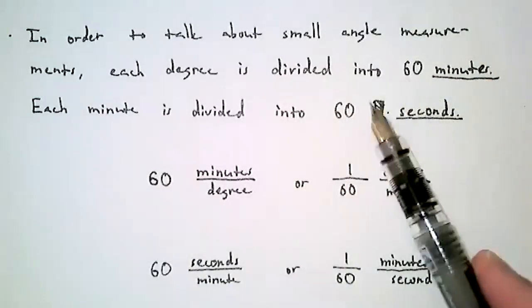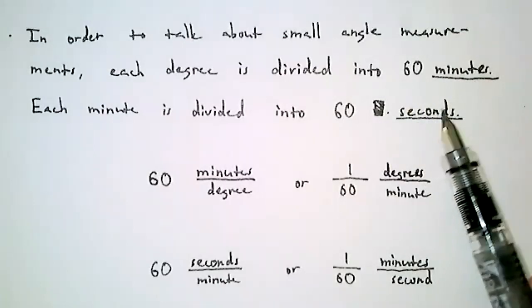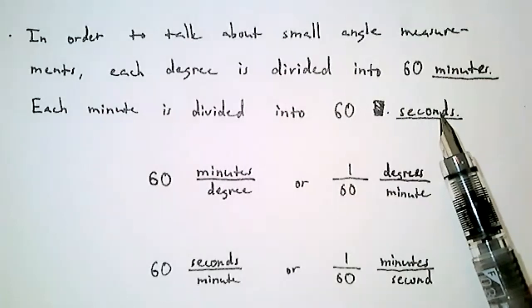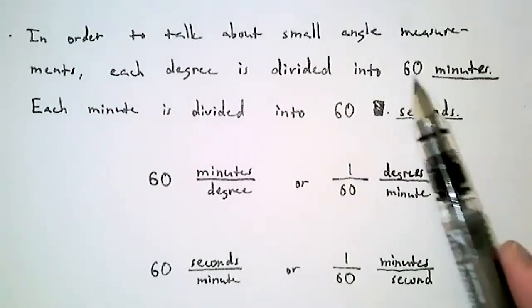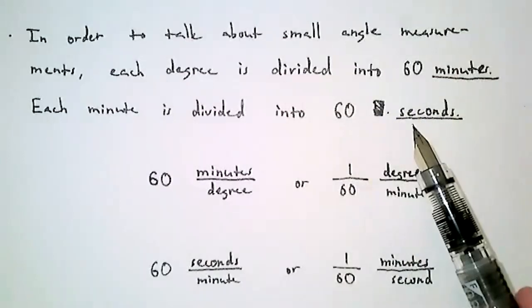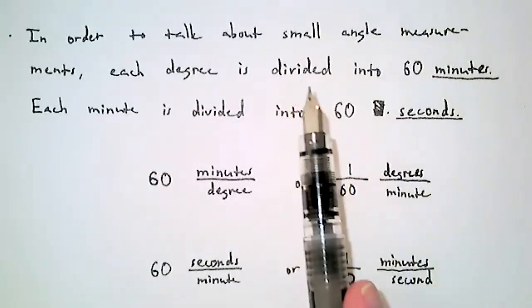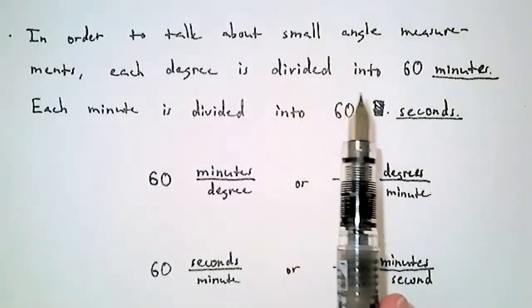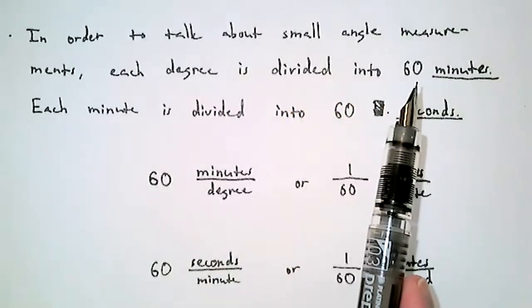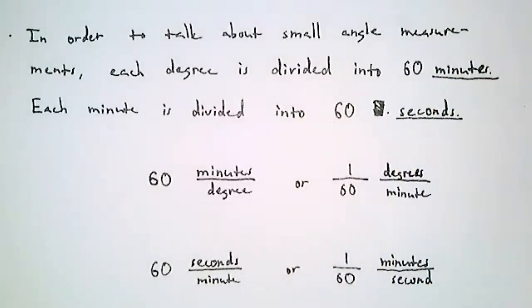So if you want to remember how minutes and seconds work, they work exactly the same way minutes and seconds do on the clock. An hour is divided into 60 minutes, and a minute is divided into 60 seconds. So just like that, also for degrees. So a degree is divided into 60 minutes, and a minute is divided into 60 seconds.